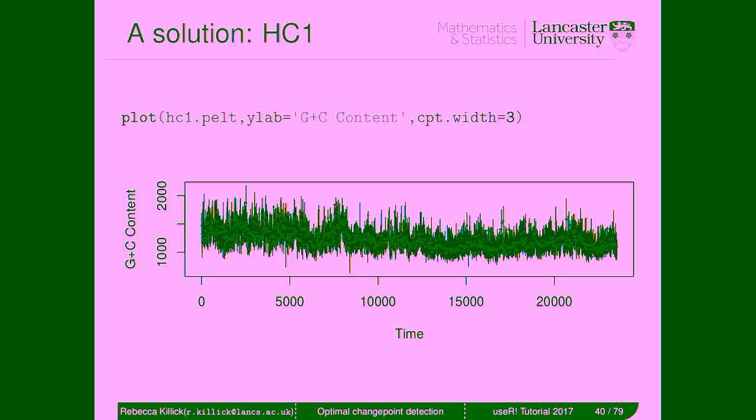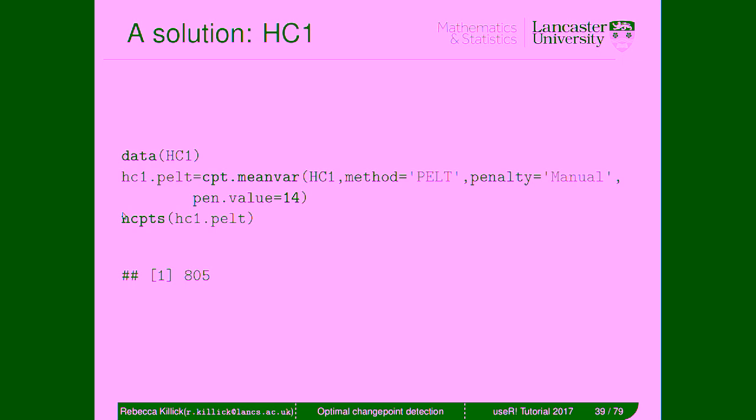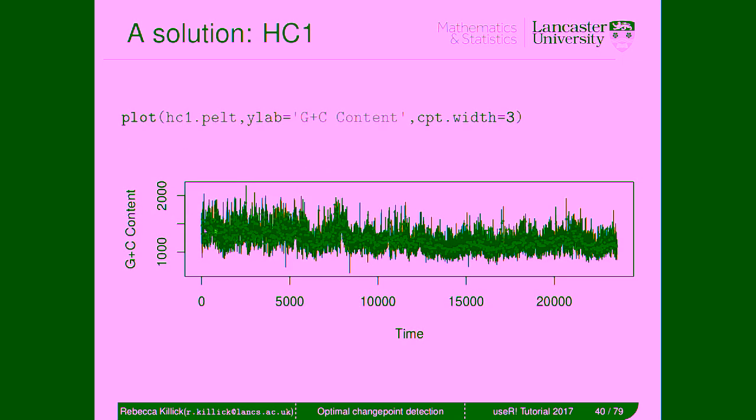If you do the plot, then because it's a mean variance object, you get all of these little dots coming across. So this is all of the changes that you see with that. Again, I'm showing here that you can use standard plotting functions to change the labels of the graphs if you want to.